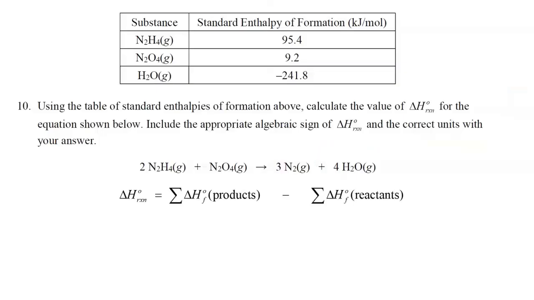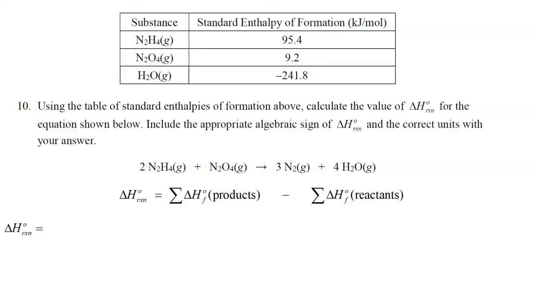All right, so here is our equation for calculating the delta H for a reaction based on the standard enthalpy of formation. It's the sum of the standard enthalpy of formation for all of the products minus the sum of the standard enthalpy of formation for all of the reactants. Let's take this one part at a time.